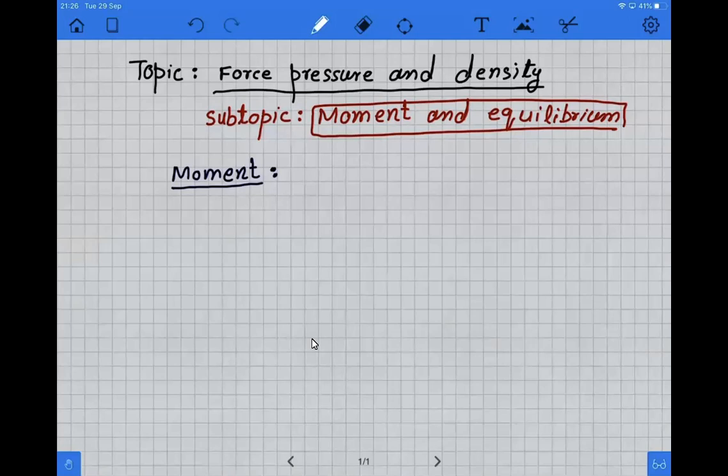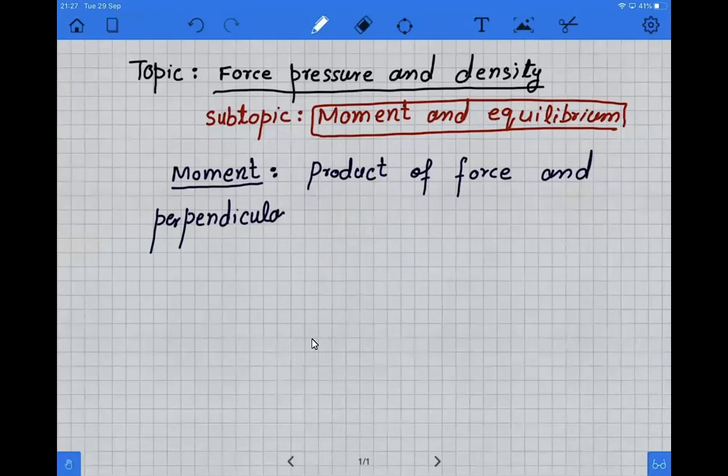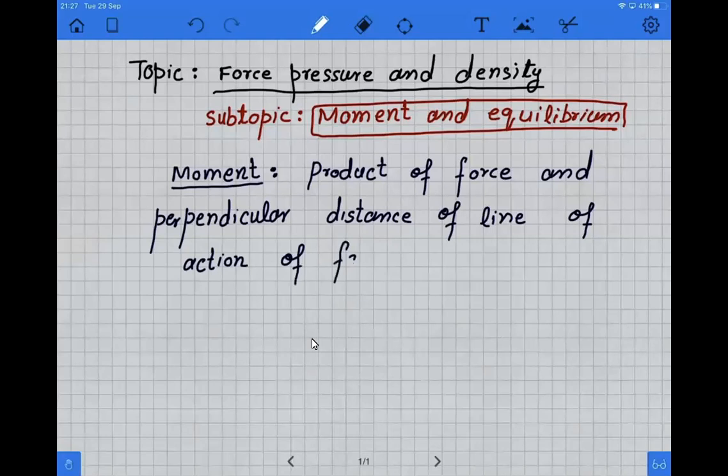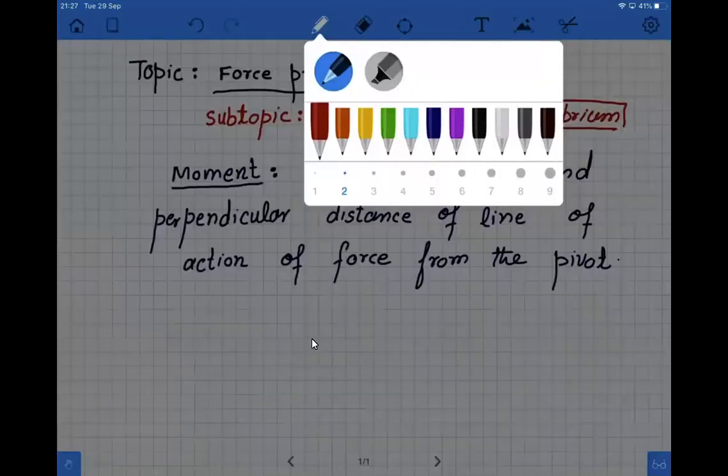So if we define moment, it is the product of force and perpendicular distance of line of action of force from the pivot. So basically moment of a force is product of two things.